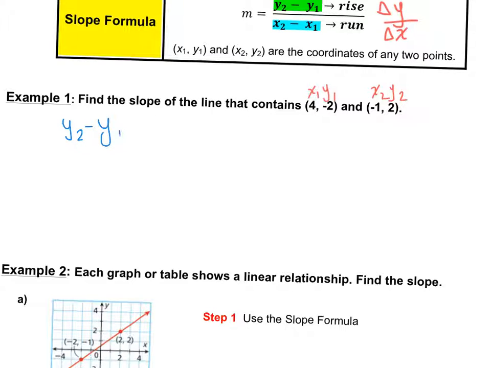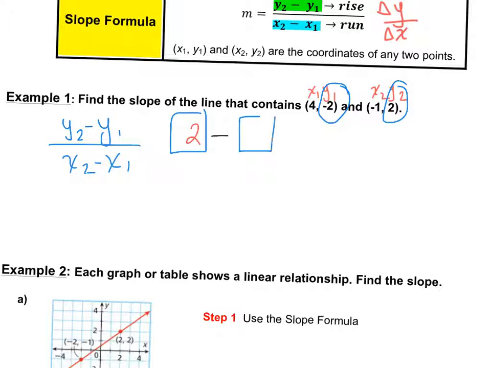If our equation is y2 minus y1 over x2 minus x1, we're going to plug in y2, so that's 2, minus y1, which is negative 2. Be very careful with your parentheses. It is y2 minus y1.